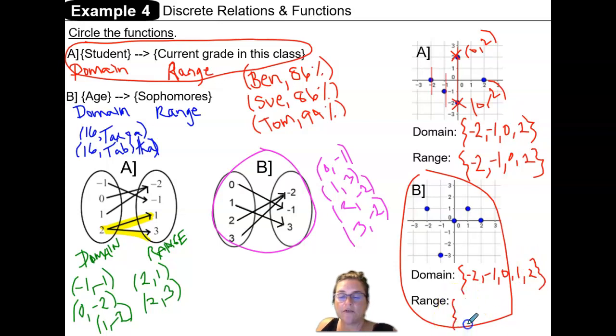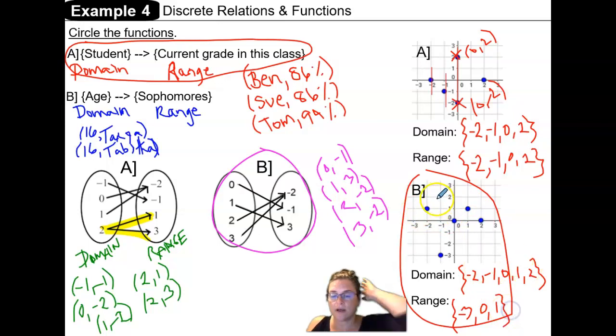The range for this data in the scatter plot, I start with the lowest y value, which is -3. And then I have nothing in between here. The next time I have a y value is at 0 along the x-axis, and then I have a y value here at 1.